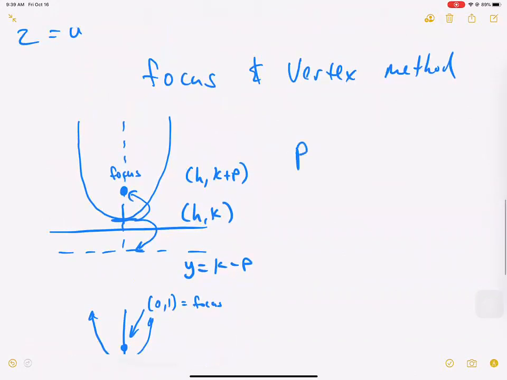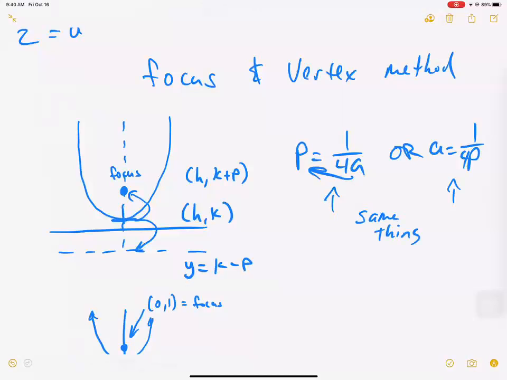Oh, I forgot one more equation that we need. We need to know p is equal to 1 over 4a. We need to know that. Or, if you want to use instead, a is equal to 1 over 4p. And this will actually be a little more useful for us. Both are great. Both are the same exact equation, same thing.